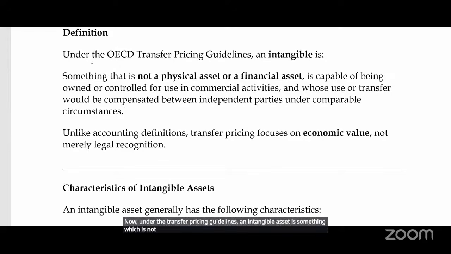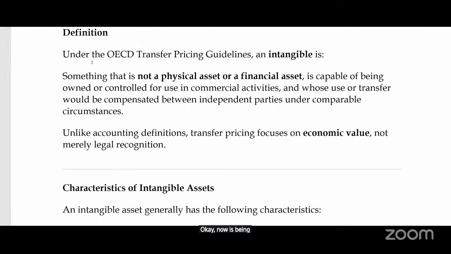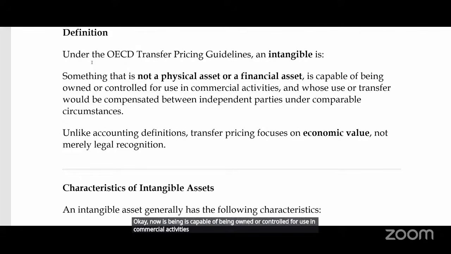Now, under the transfer pricing guidelines, an intangible asset is something which is not what? A physical asset or a financial asset. Are you getting it? It is capable of being owned or controlled for use in commercial activities, and its use or transfer will be compensated between independent parties under comparable circumstances.